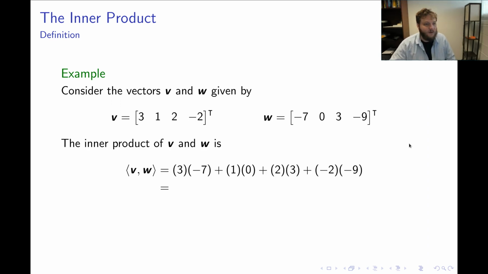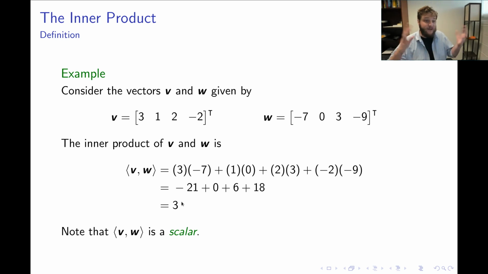Remember, mechanically what I'm told to do is match up the corresponding coordinates of my vectors, multiply, and then add everything together. So I'm multiplying 3 times -7, 1 times 0, 2 times 3, -2 times -9. Then I add everything together, and in this case, I produce the number 3. So evidently, when I take the inner product of two vectors, I produce a scalar quantity.